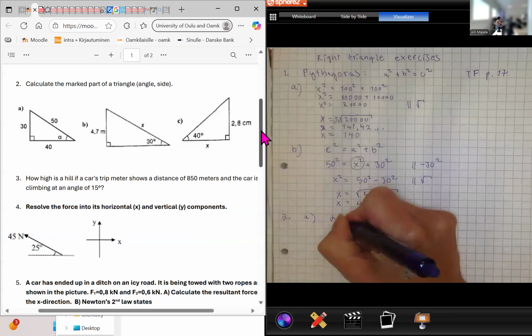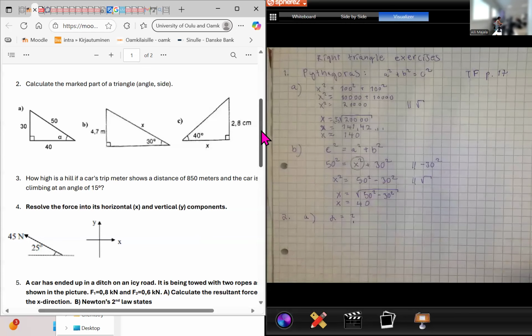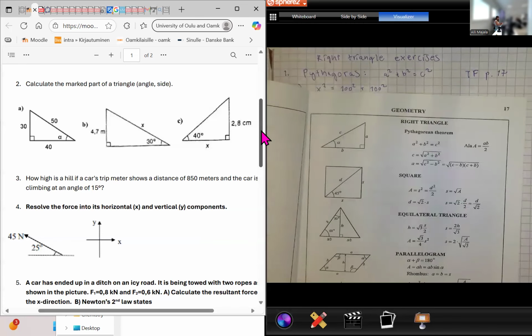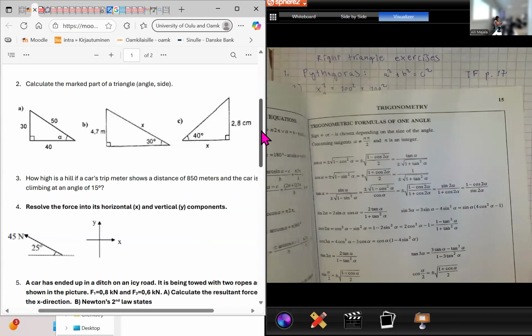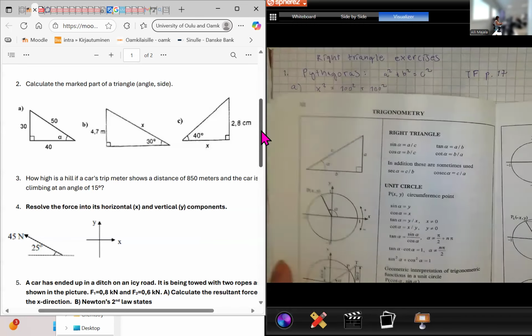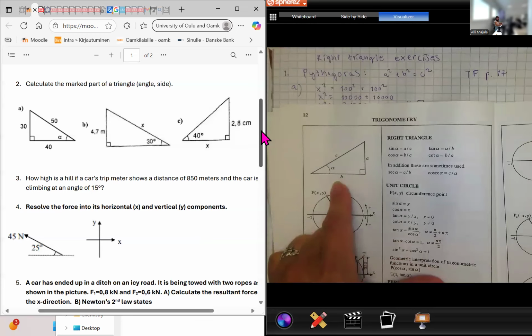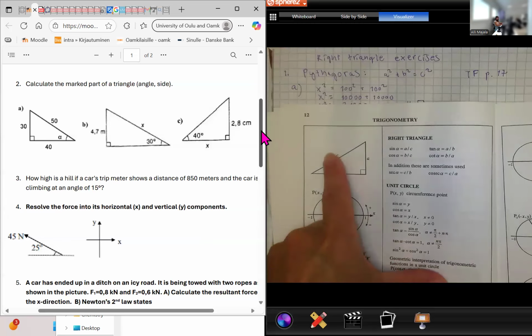So here, obviously, this A is the one that one should solve. And then, of course, you need something more than this. So you have to go to this trigonometry page and then find there some kind of dependencies that you can use, because you know already the lengths of all the sides.